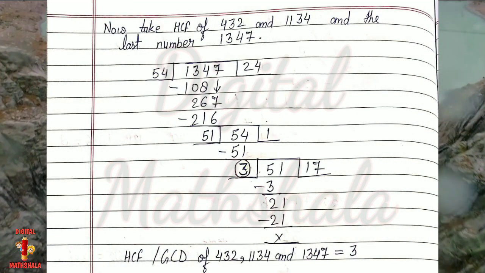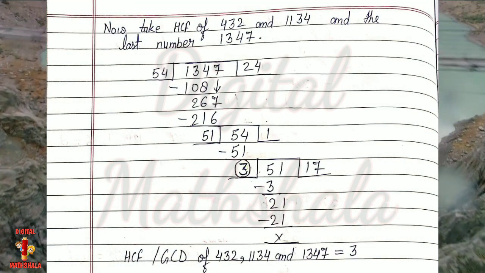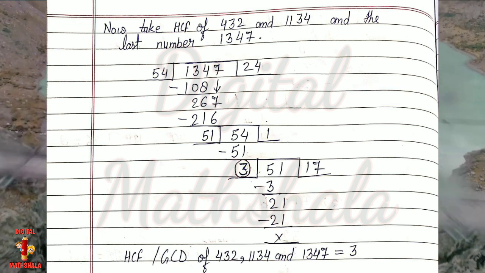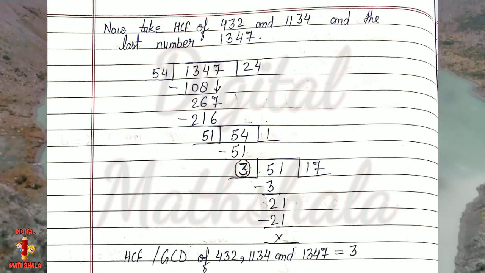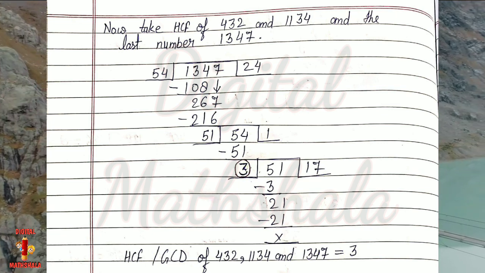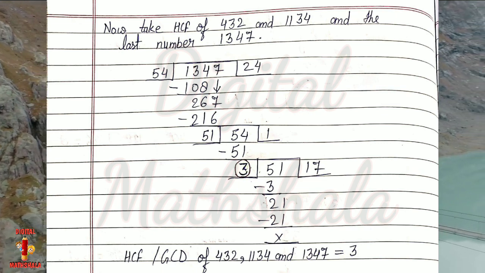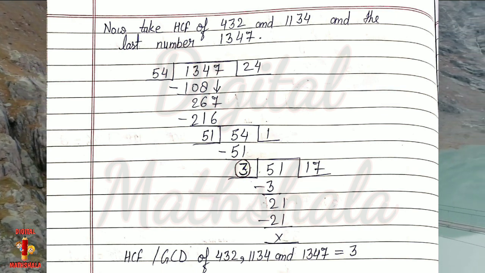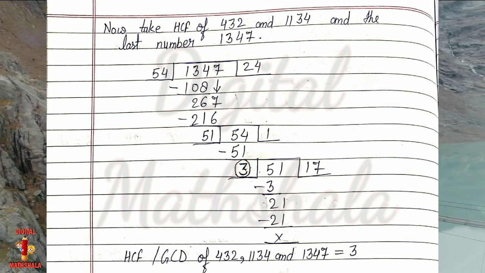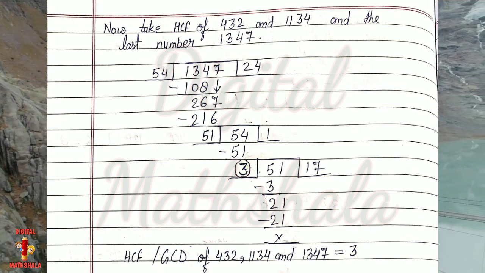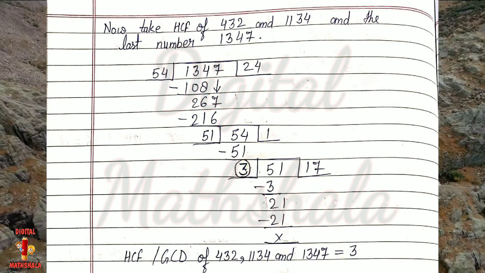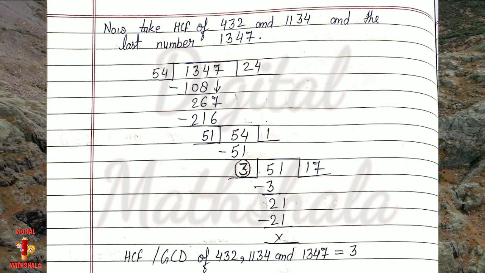So now we will take the third number 1347 for the next division, and this time we will take the HCF of 1134 and 432 as the divisor. So 54 is a small number, so we will take it as a divisor, and then we will start dividing.